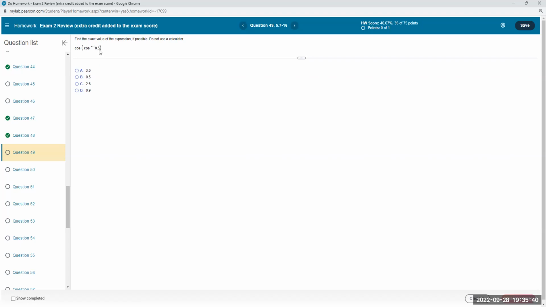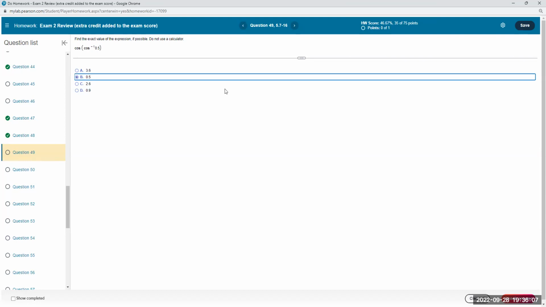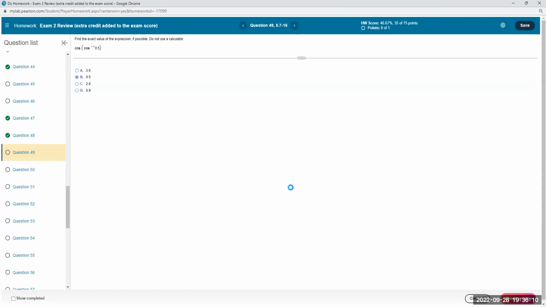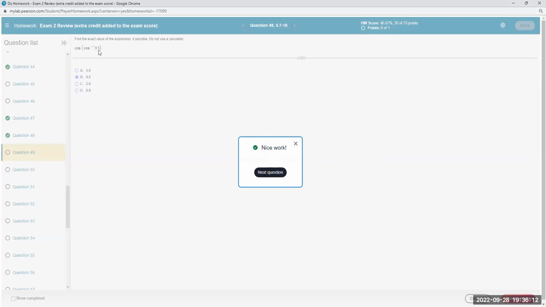And yes, 0.5 is in that -1 to 1. So when you take cosine of cosine inverse 0.5, you don't have to worry about it being out of the range. Now you're just going to have to check what angle you are going to be getting. Yeah, everything's good. You don't have to worry about that issue. You just have to check the initial input there.